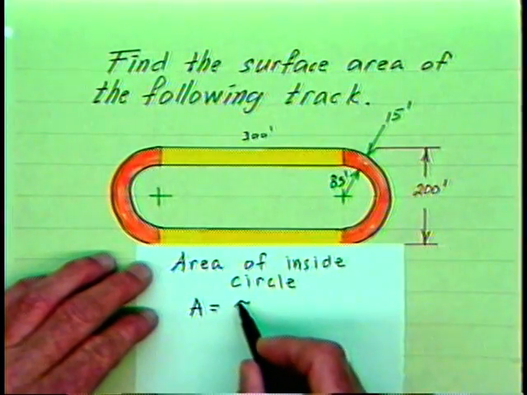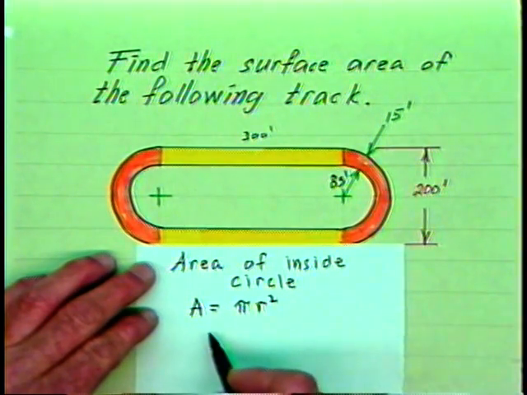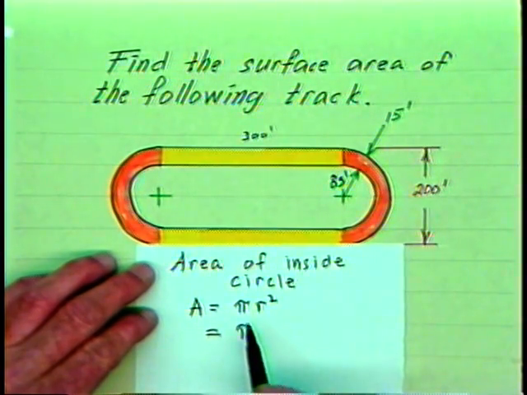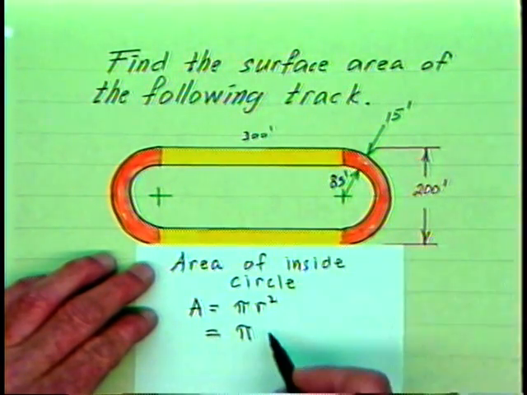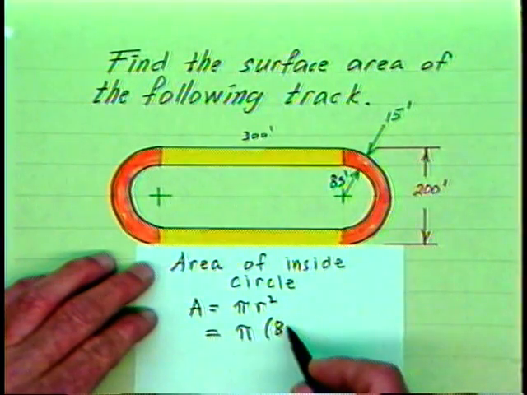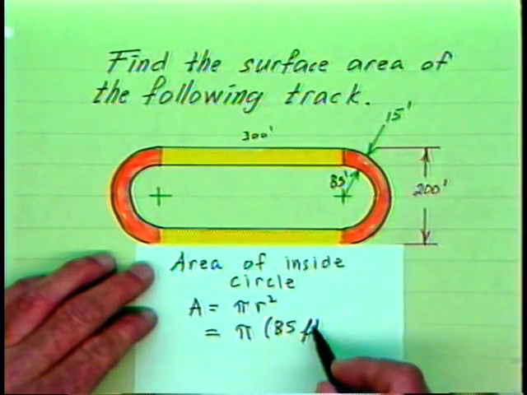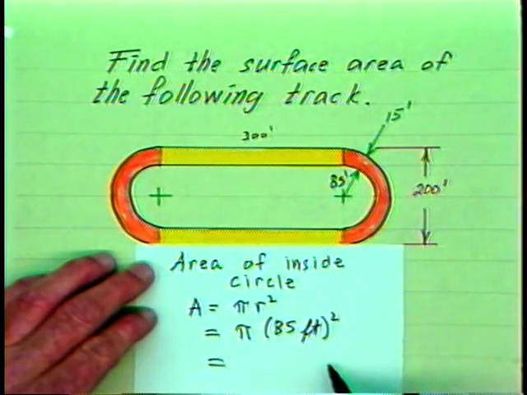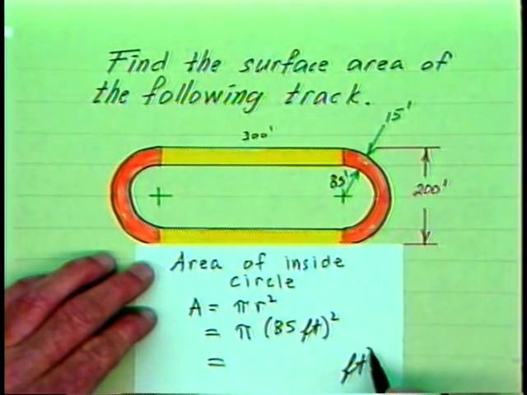Area is pi times radius squared, and pi we either have on our calculator or we have memorized. The radius is now 85 feet squared, and of course squaring the feet is feet squared.